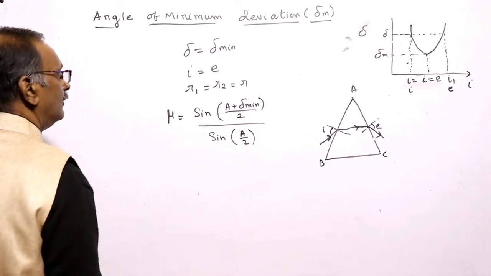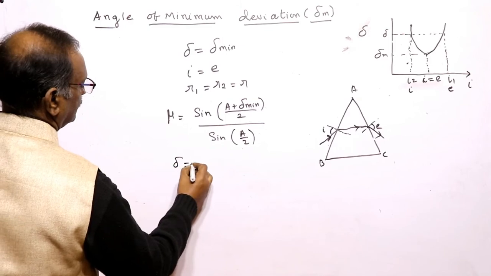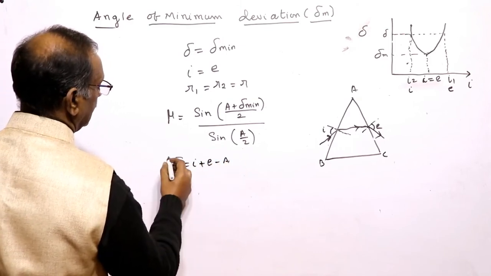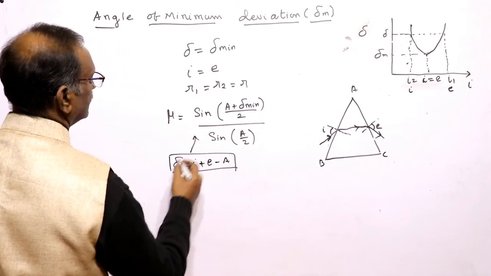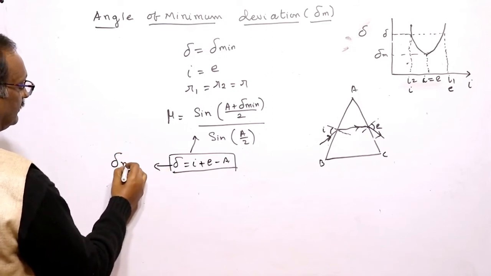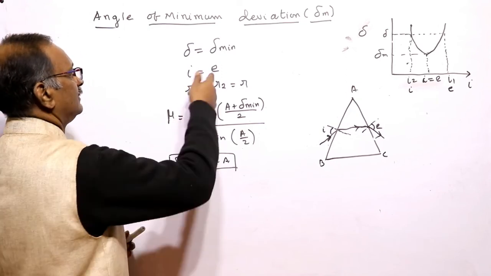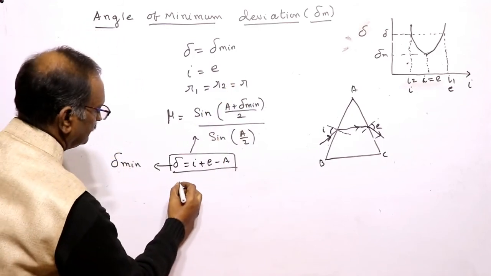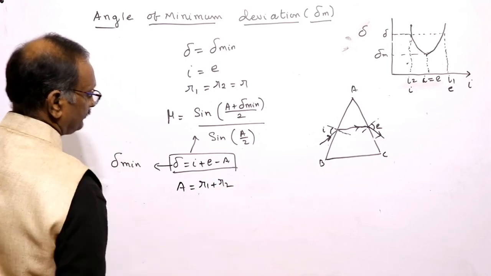The general formula is the angle of deviation equals I plus E minus A, which in this condition, when the angle of deviation is the minimum angle of deviation, gives I equals R1 and R2 equals R. In general, A is equal to R1 plus R2.